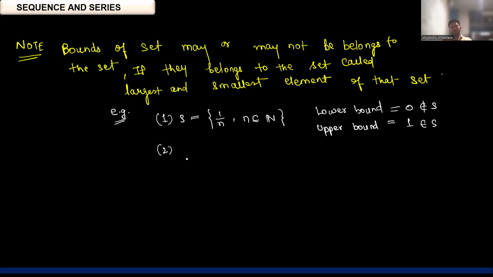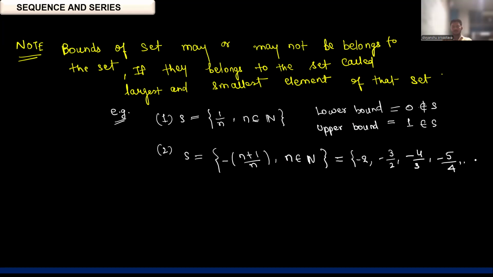Second thing is S is equal to (n plus 1) by n, n belongs to natural numbers. Here elements are -2, -3 by 2, -4 by 3, -5 by 4, dot dot dot.